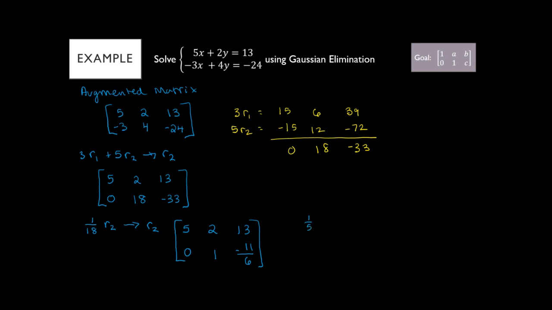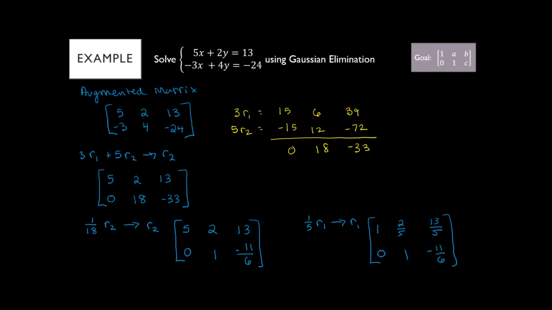So we're going to do 1/5 times row 1, and that is going to be put in row 1. So that's basically dividing everything by 5. So I'm going to get 1, 2/5, 13/5, then I have 0, 1, and -11 over 6.